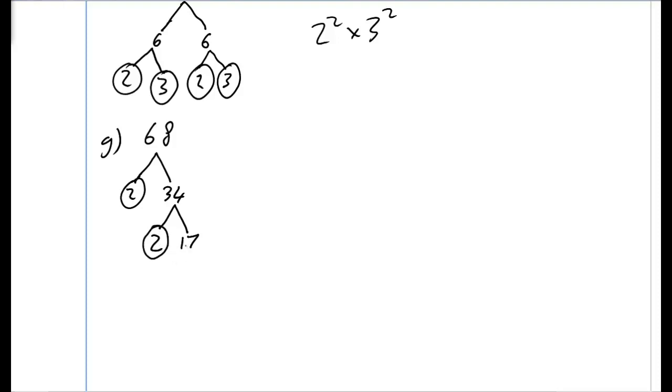Now, 17, what two numbers multiplied together give you 17? There's nothing. So that's a prime number, 17. So you circle it. So 68 is equal to 2 times 2 times 17, which is equal to 2 squared times 17. So there's the prime factors of 68 written in index form. Okay, I want you to have a go at number 1.